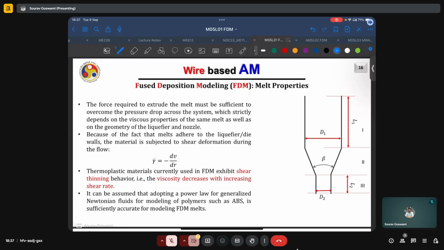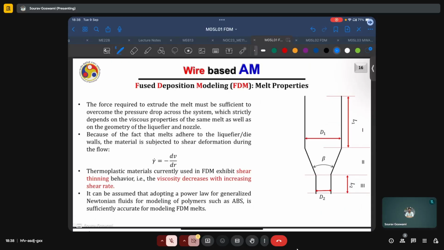A simplified derivation of a few of these quantities has been done by dividing the liquefying section into three zones: a constant or prismatic section of diameter d1, then a converging section, and then a prismatic section of a smaller diameter d2.